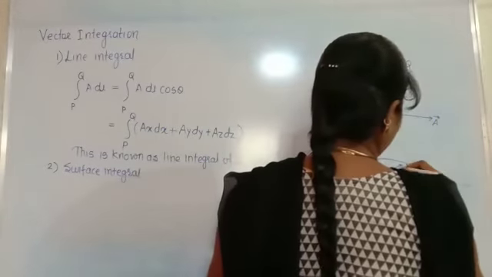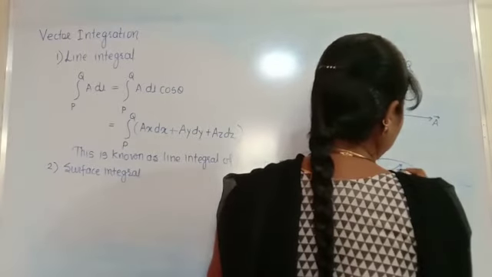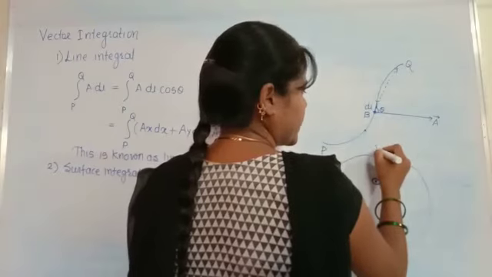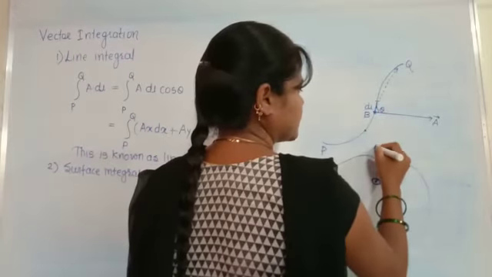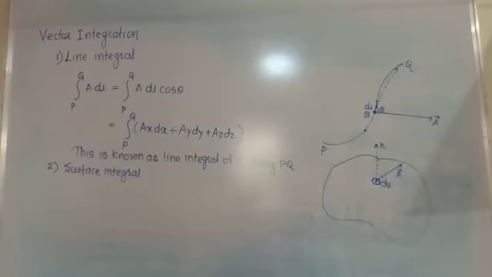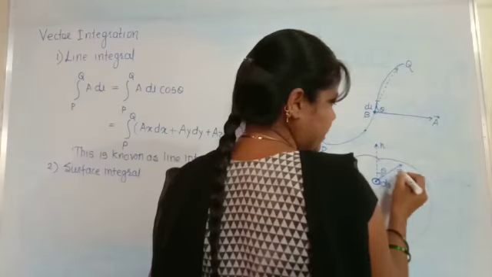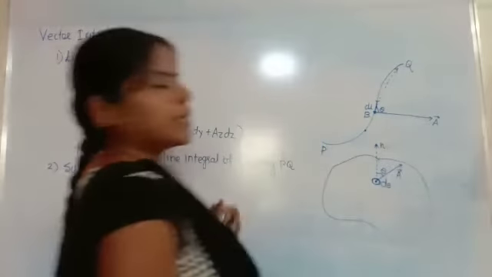A is the vector at this small area, and we draw the normal, whose direction is outward from ds. Theta is the angle made by the vector A with the normal.